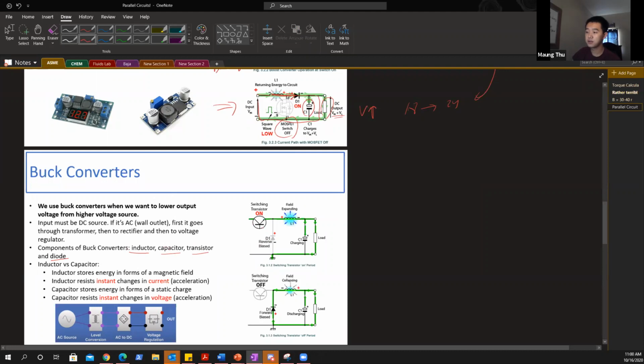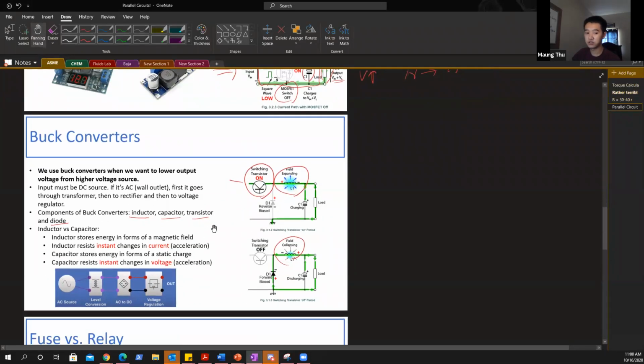The transistor is instead right here, your capacitor is still in the same place, but your inductor is instead right here. Because of this rearrangement, we end up with a component that is able to drop voltages to a desired level. That's something we do have to do in our application, so this is something we have to look into for the power distribution team, no matter what.